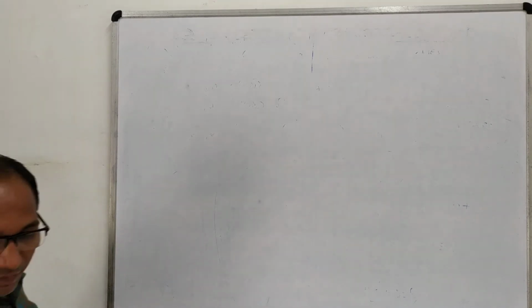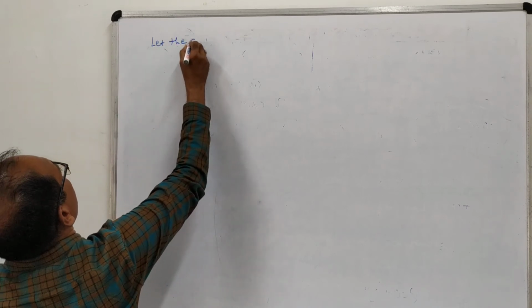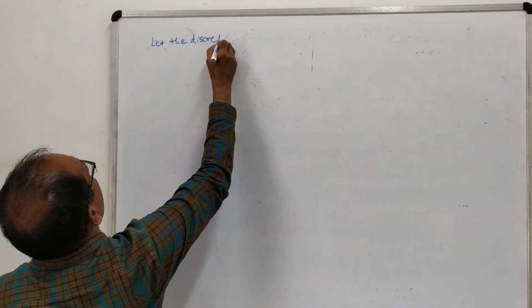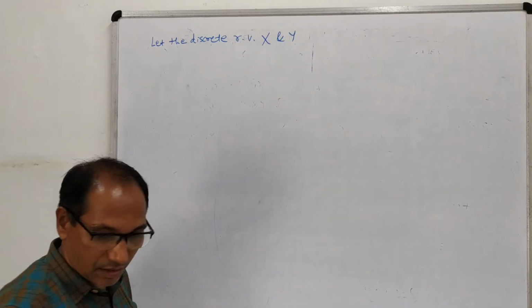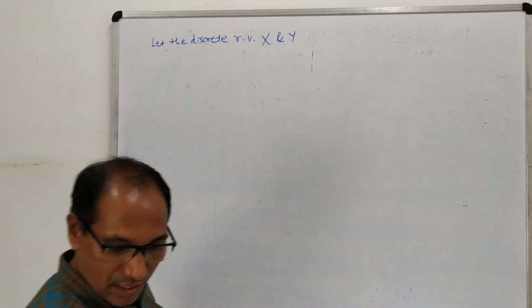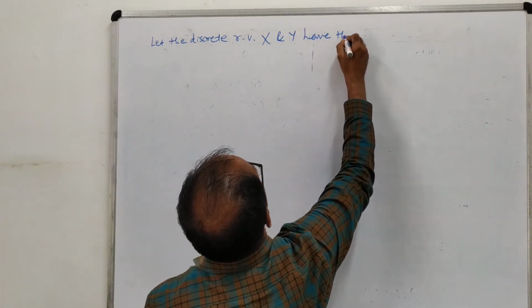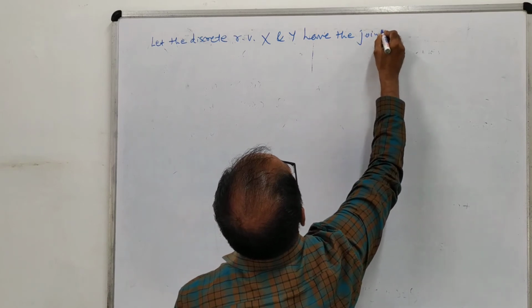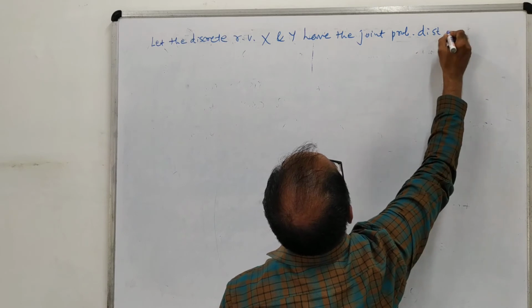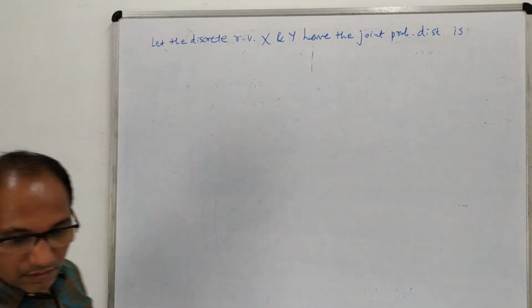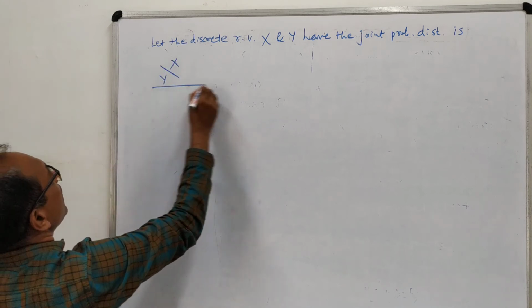Let the discrete random variables capital X and capital Y have the joint probability distribution given by a table.